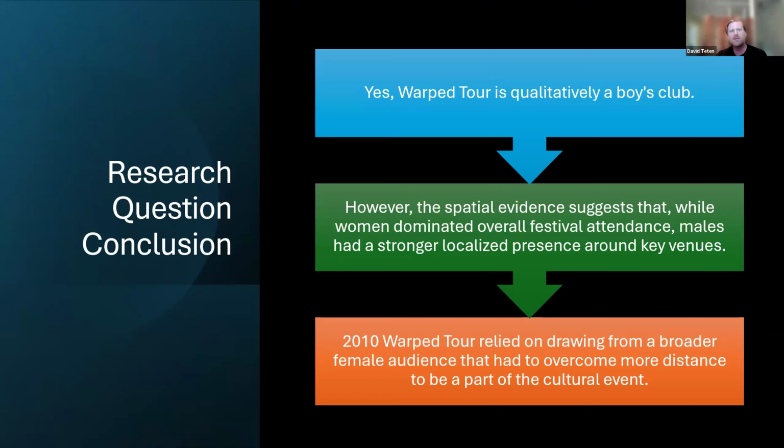But by doing these types of analysis, we can understand the dynamics and provide a clearer picture of the social and cultural impact of inclusivity at the festival of this period. By identifying the clusters of age groups around the venues, we can draw meaningful insights about the demographic reach of the tour, the spatial accessibility of the event, and so on.